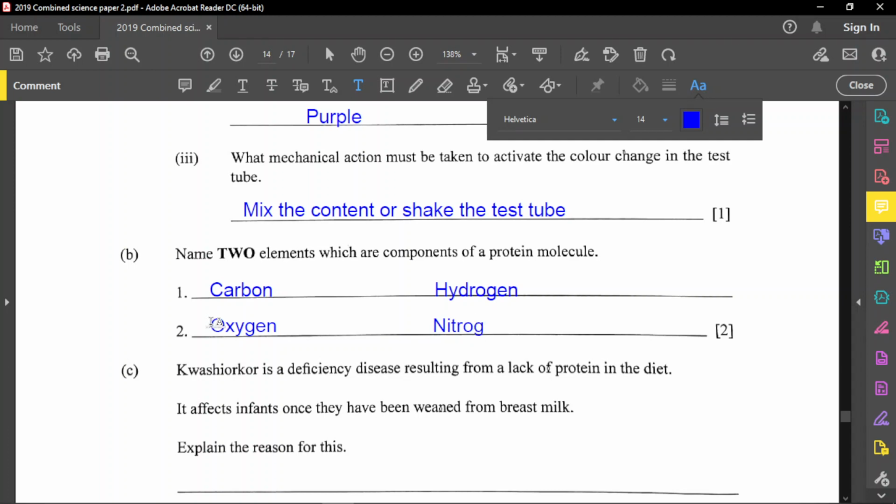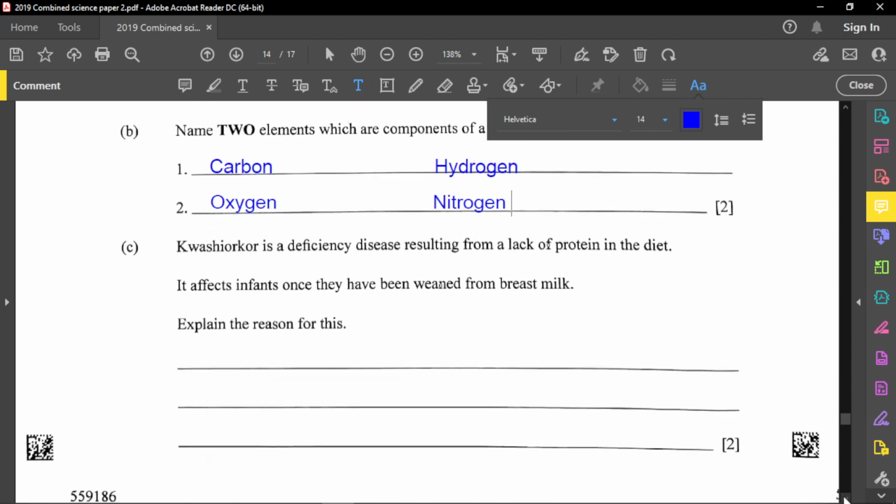So it contains nitrogen and sometimes sulfur. But the main ones that you must put in, all proteins must contain C, H, O and N. Only some contain sulfur or phosphorus. Carbohydrate is CHO, carbon, hydrogen, oxygen. Fat, same thing, CHO. So what separates proteins from the rest is actually nitrogen.